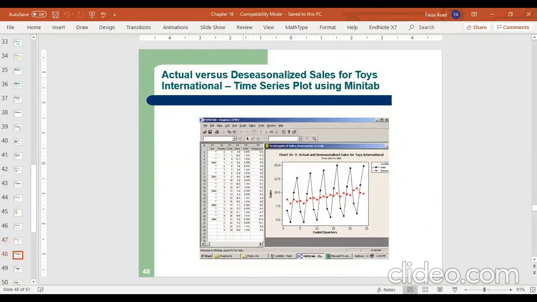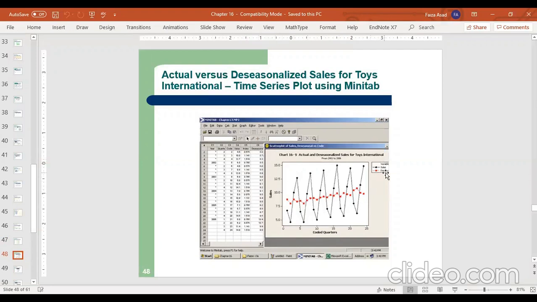Here is the actual versus deseasonalized sales for Toys International, time series plotting using Minitab. Minitab is a software used for data analysis or statistical analysis. Column C1 shows the years, C2 shows the quarters, and then they coded the quarters to plot on a graph. Next is the sales data. C4 and C5 show the index, and C6 shows the deseasonalized data.